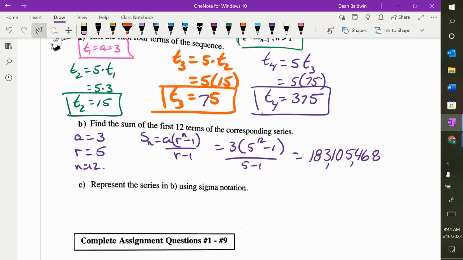Okay, last thing. Represent the series in sigma notation. So again, if we're going to write something in sigma notation, we start at n is equal to 1. We're going up to n is equal to 12. And it's always in the form A R to the n minus 1. So just plug it all in.